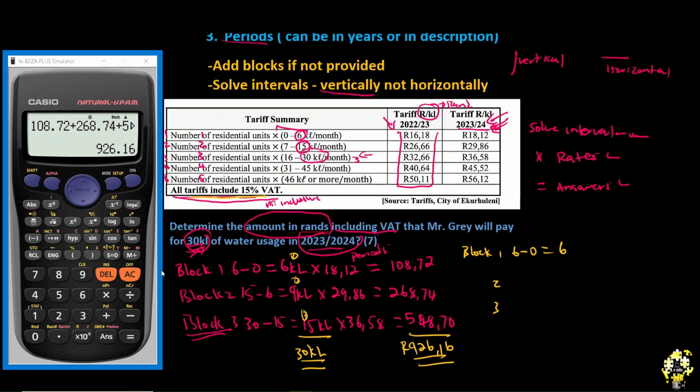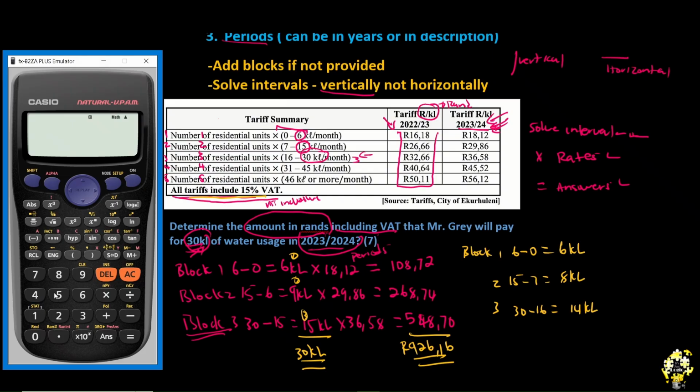What do you get? You get 6 kiloliters. Now, if you are doing it horizontally, look what happens. It's 15 minus 7. What do you get? You get 8 kiloliters. And now the third one was going to be 30 minus 16. What do you get? You get 14 kiloliters.